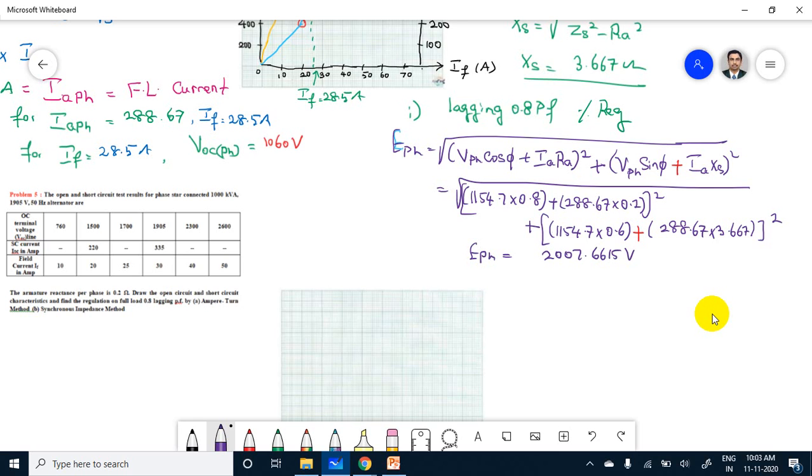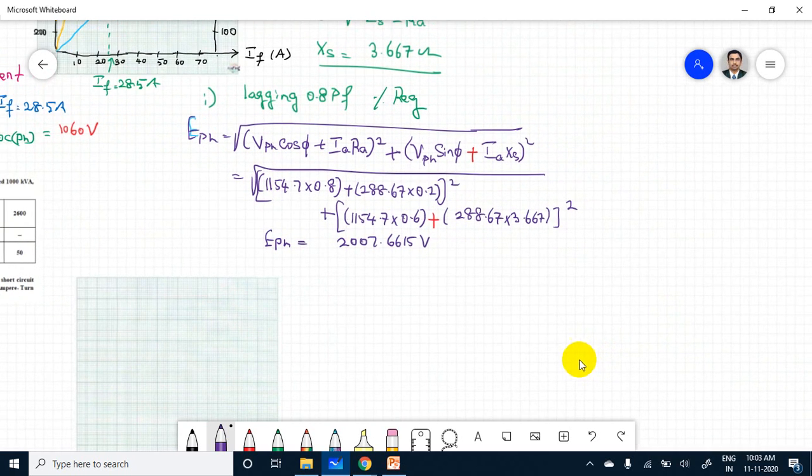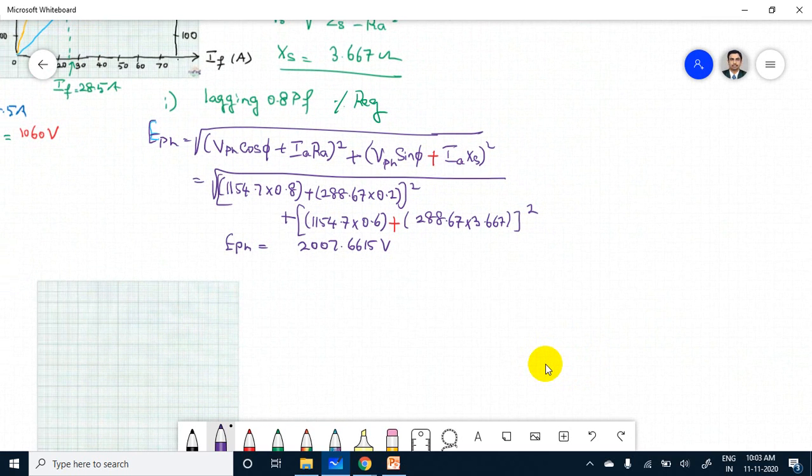Now using this we can calculate the regulation. What is the regulation formula? Percentage regulation is equal to E phase minus V phase, divided by V phase, into 100.